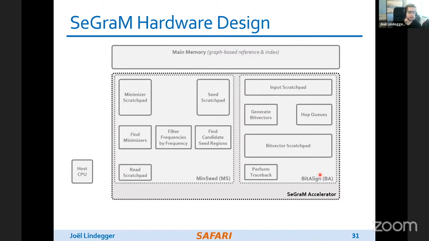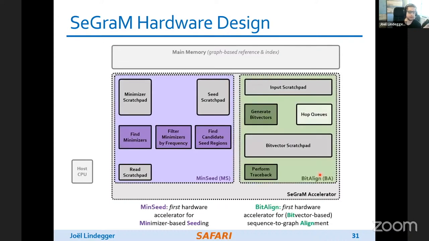So we have 2 components here: MinSeed and BitAlign. This is essentially the seeding accelerator and the alignment accelerator. And then we have those attached to some main memory, because we need to access the reference graph all the time and some indexes all the time. And then we have a host CPU from where we would get input reads.